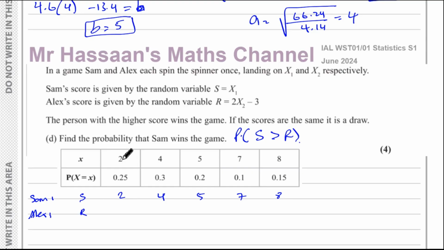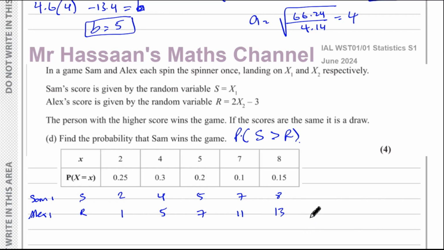So 2 times 2 is 4, minus 3 is 1. 2 times 4 is 8, minus 3 is 5. 2 times 5 is 10, minus 3 is 7. 2 times 7 is 14, minus 3 is 11. 2 times 8 is 16, minus 3 is 13. So these are the scores that Alex will get if the spinner lands on these numbers.